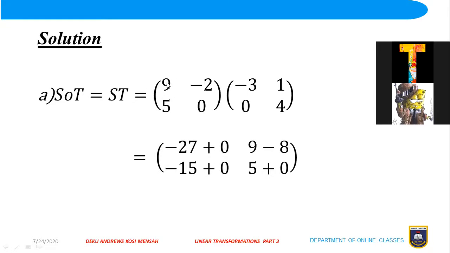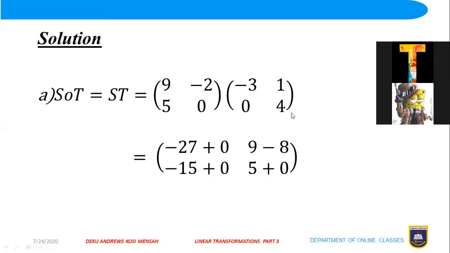The 9 in the first row, first column, will multiply negative 3 in the first row, first column of the second matrix. So 9 times negative 3 gives us negative 27. Plus negative 2 in the first row, second column, will multiply the 0 in the second matrix. That gives us negative 2 times 0, we have 0. The same way, 9 multiplied by 1 gives us 9.